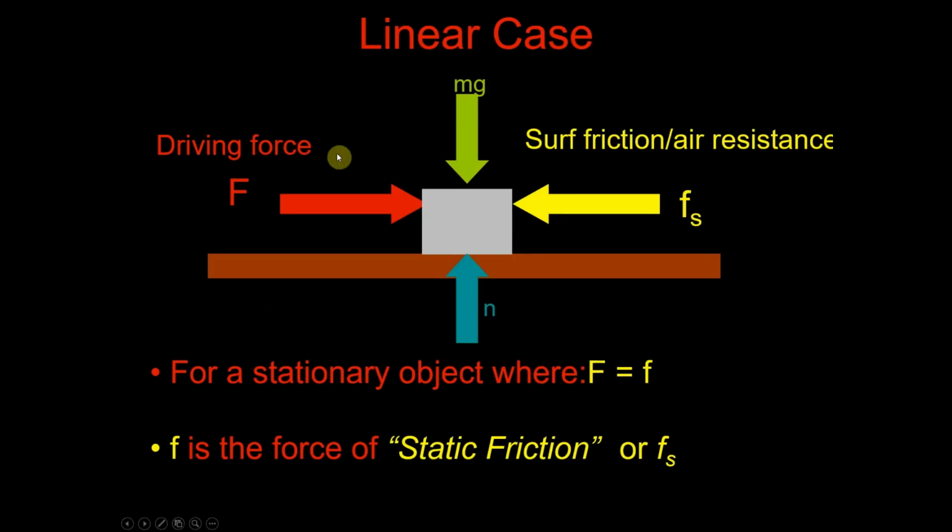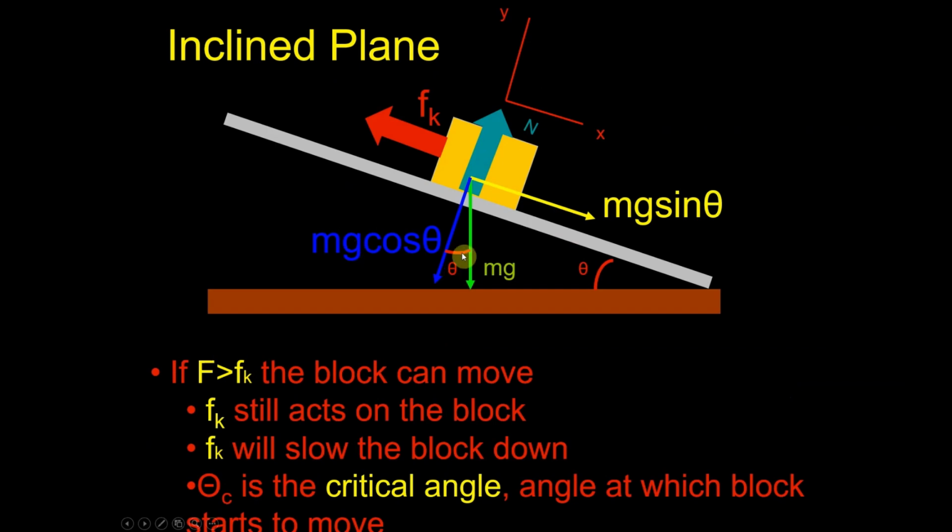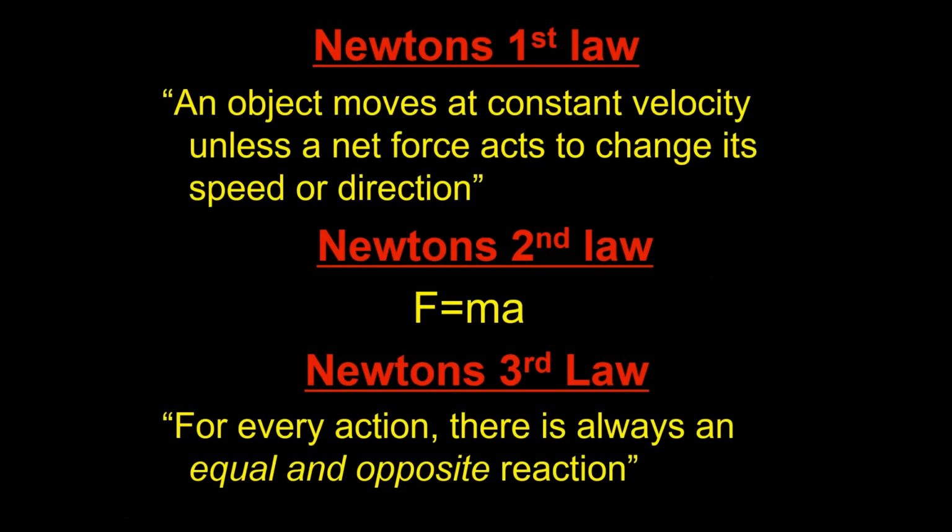But the vectors themselves were always linear in every case. Now the only difference that we're looking at here is the circular cases. And remember, Newton's laws will always apply. It doesn't matter if we're dealing with circular cases or linear cases, Newton's laws are still in effect.